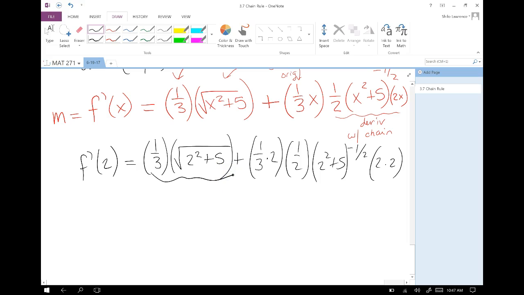What does that first term come out to be? All of it together comes out to be 1. Because 2 squared is 4, 4 plus 5 is 9, square root of 9 is 3, 3 times a third is 1. So all of this together is 1.